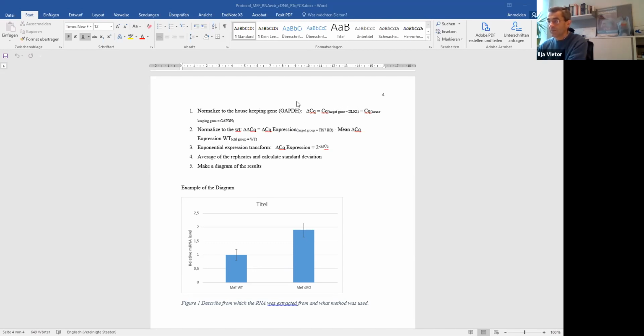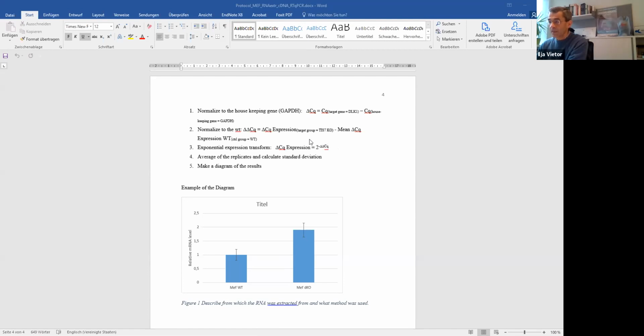Then you calculate a mean for this wild type group, and you deduct this mean from each single result of your target group. And then when you have done that, you make the exponential expression. So that's the logarithm to the minus delta delta CQ.